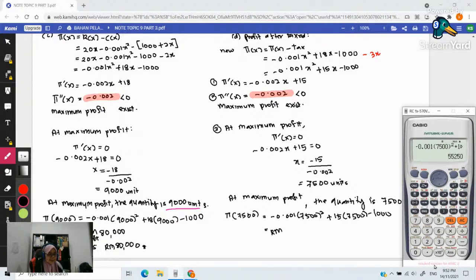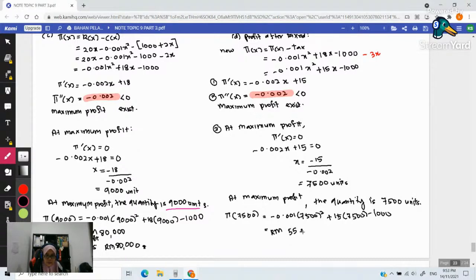The answer is equal to 55,250 ringgit. Therefore, the maximum profit is RM55,250. So this is totally different.